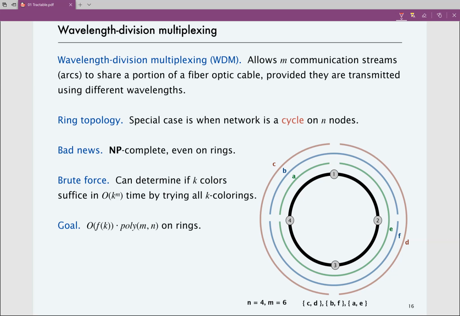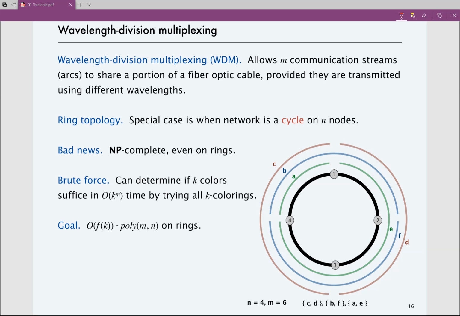All right, so we're going to assign all of the paths colors, and we need to make sure that whenever they use a common edge, they have different colors. And then lastly, we're trying to use as few colors as possible. In this case, it turns out that we can color everything correctly using just 3 colors. So this is the circular arc covering problem.